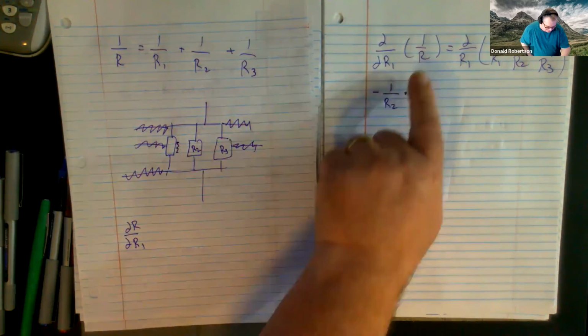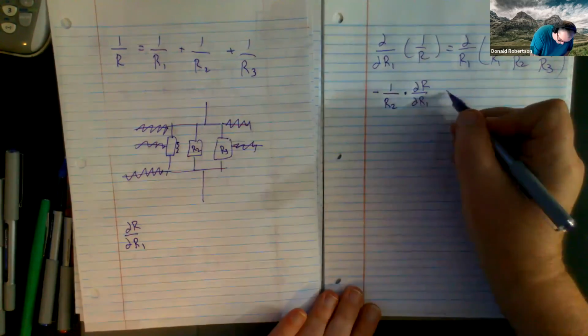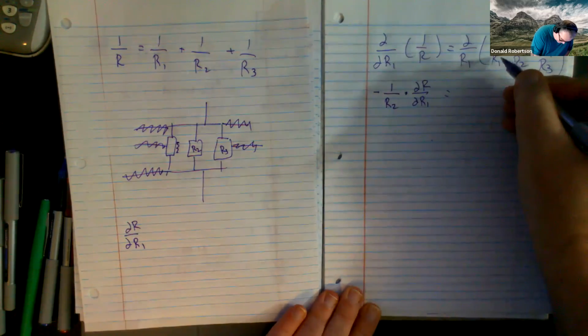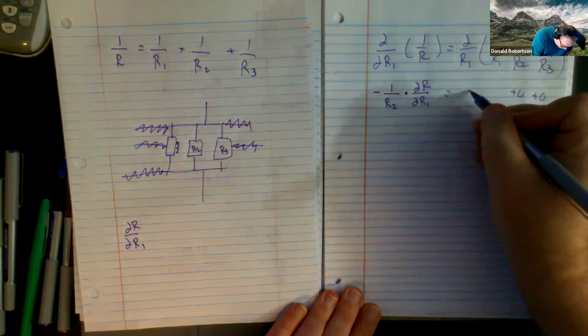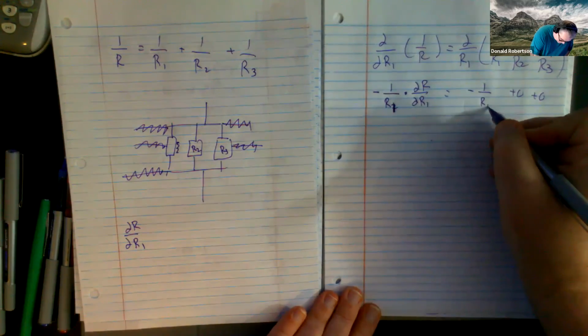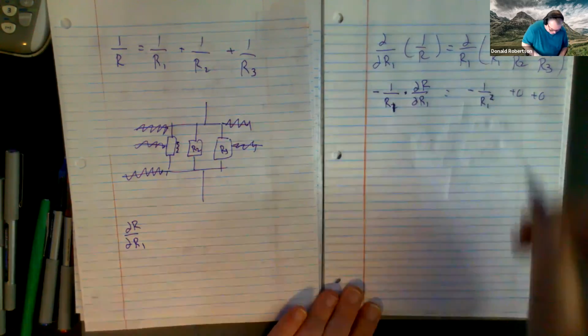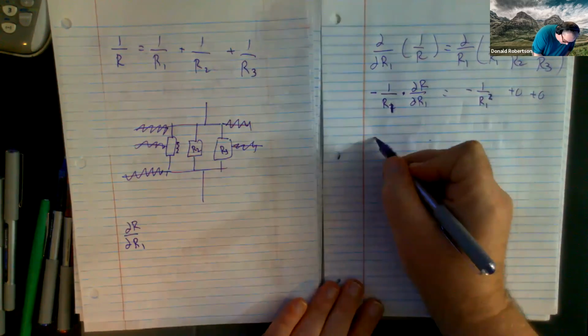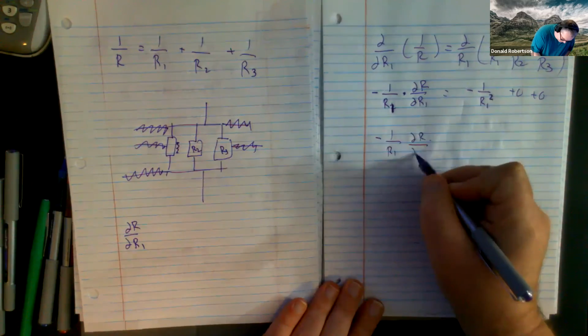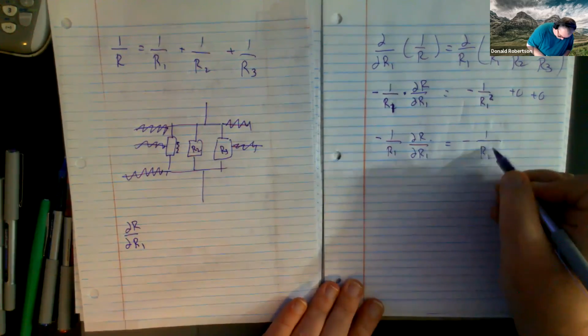That one gets you nothing. That one gets you nothing. But isn't the derivative of this one -1 over R1 squared? So I have -1 over R1 squared here.